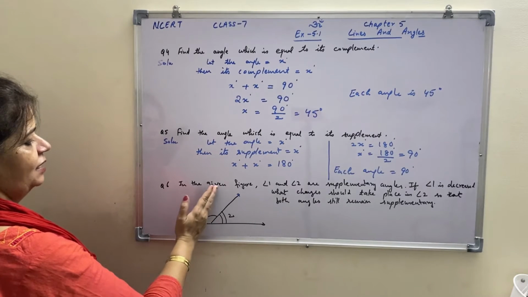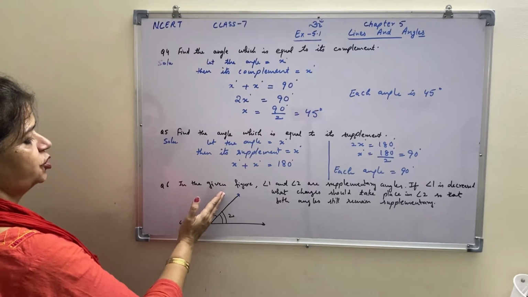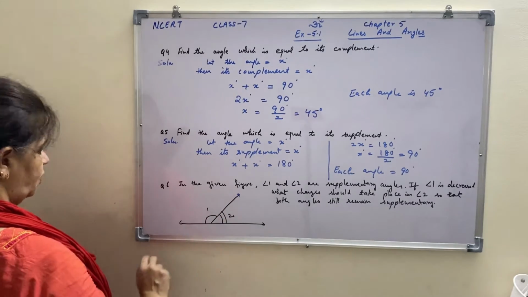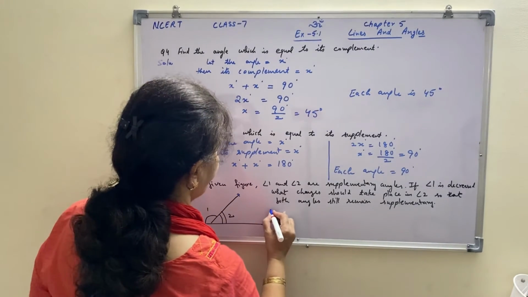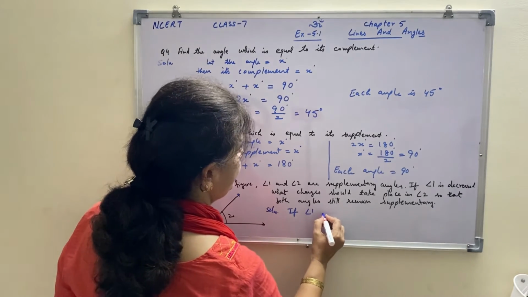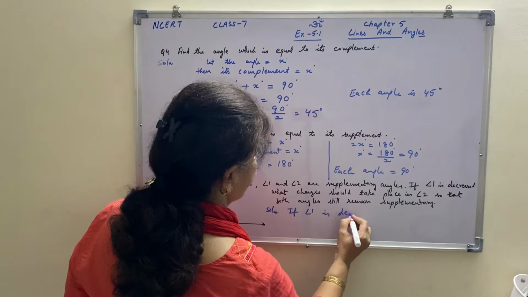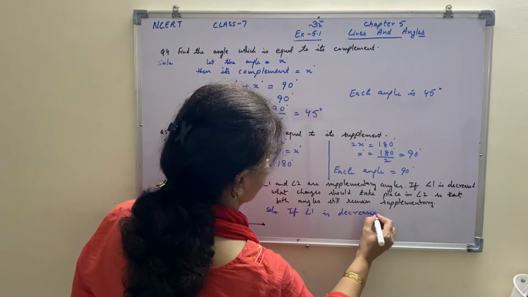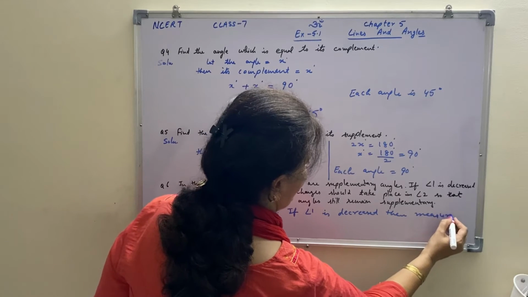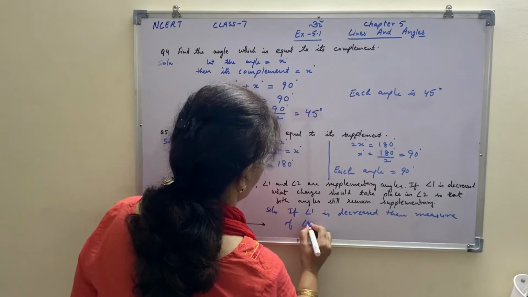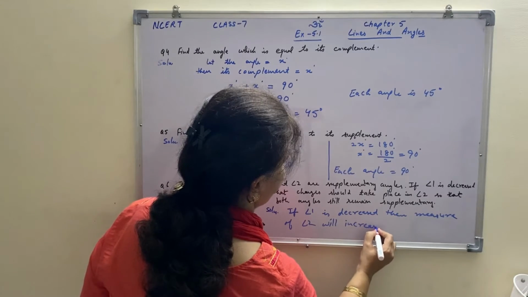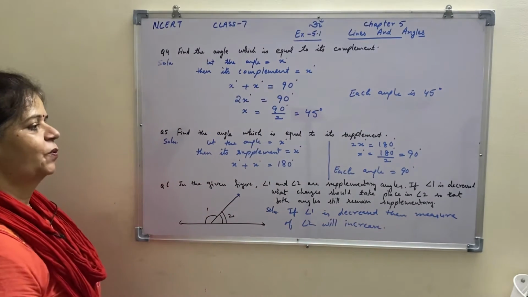So our answer is, if angle 1 is decreased, then the measure of angle 2 will increase. This is the answer.